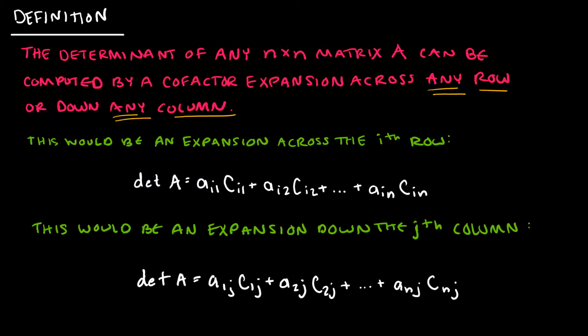So for instance, if I'm going across the ith row, which is what we just did before, except i was 1, but it doesn't have to be 1, is essentially what we're saying. We can say across the 5th row, well then it'd be 5,1 and 5,2, and you get the idea. So I can replace i with any row, or I can go down any column. It doesn't matter if I'm using a row or a column.